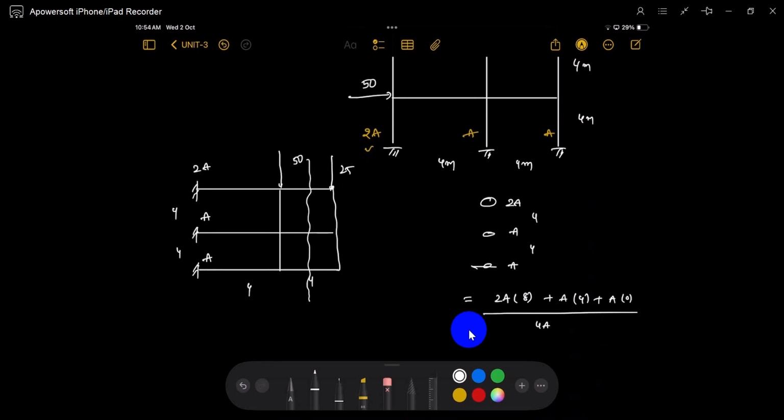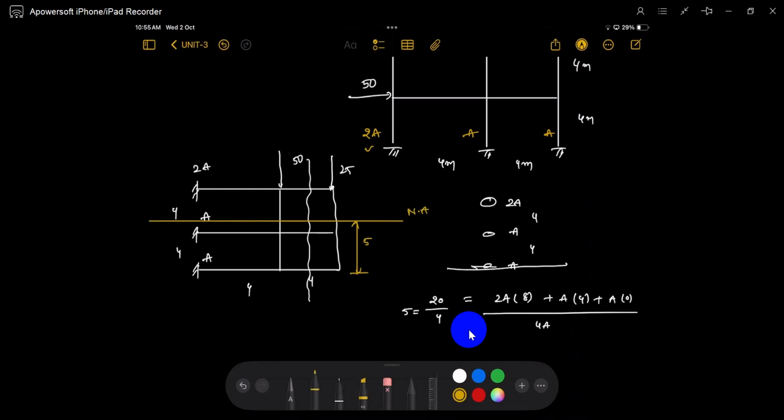What is that value? 16, 20. 20 divided by 4 is 5. That means from the bottom it is 5. That is the nodal axis.